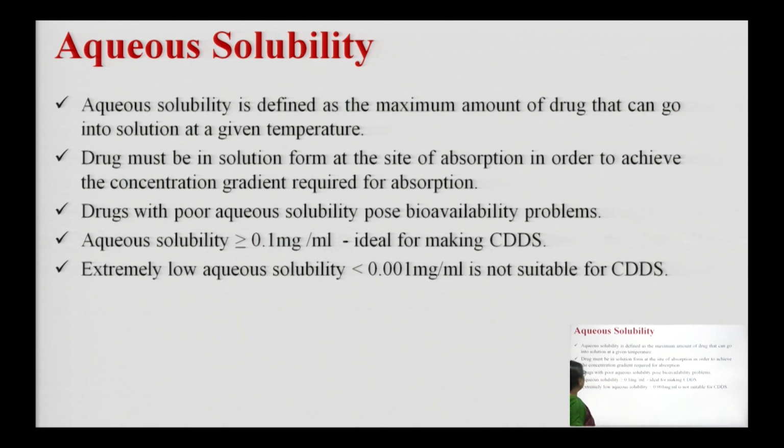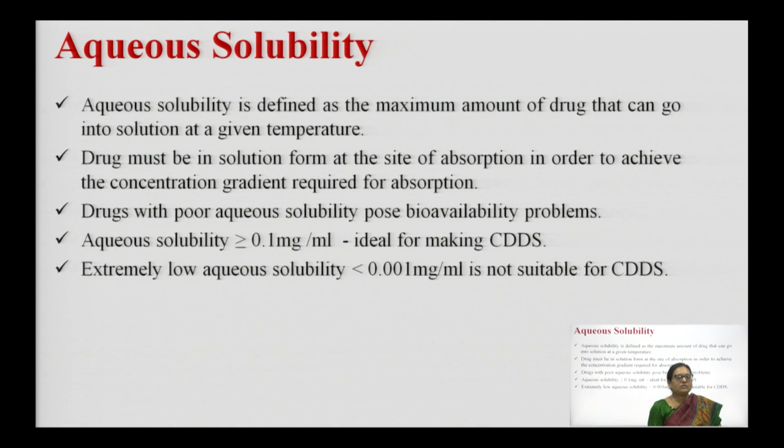The next important property is the aqueous solubility of the drug. Aqueous solubility has been defined as the maximum amount of drug that can go into solution at a given temperature. The drug must be in solution form at the site of absorption in order to achieve the desired plasma concentrations.